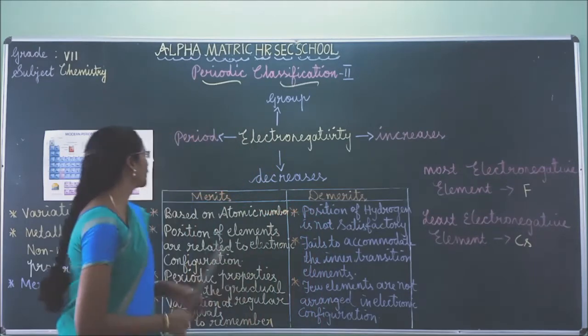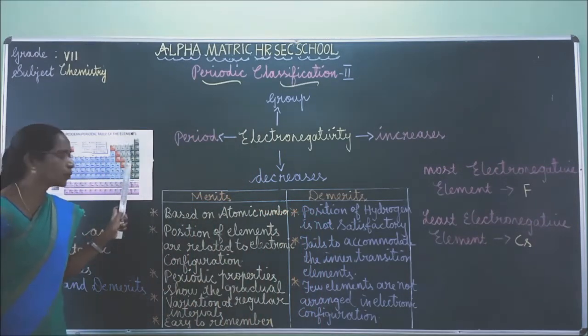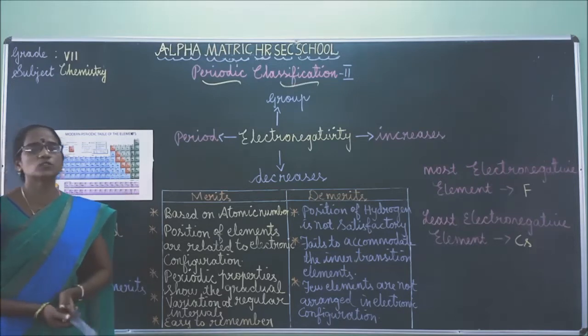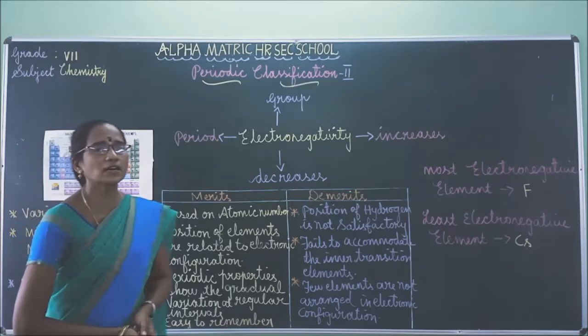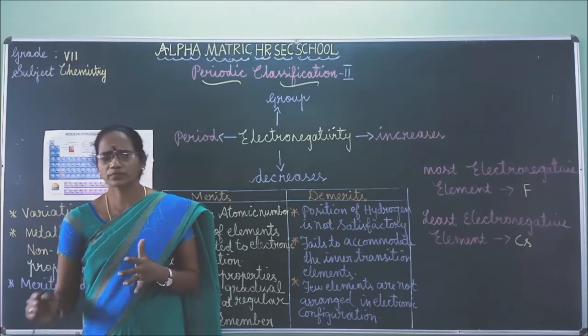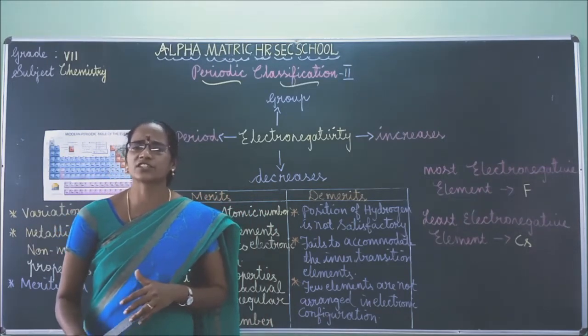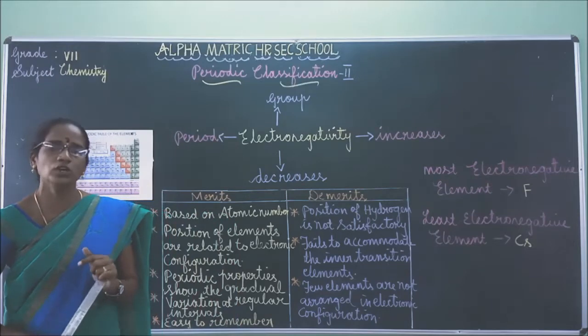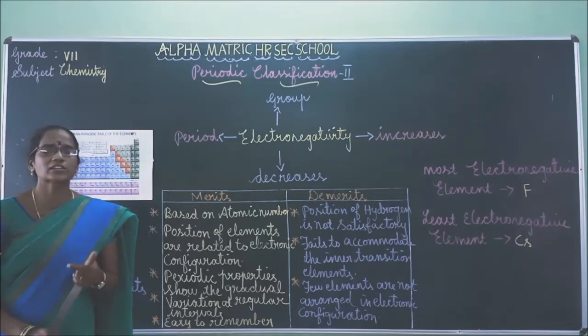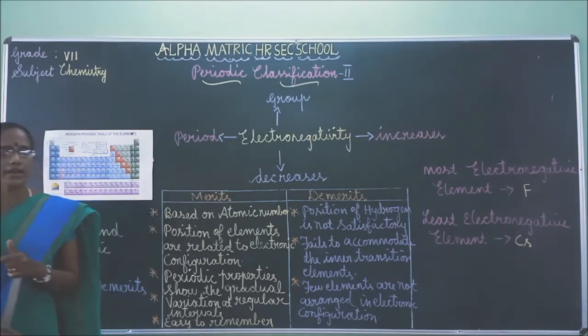For example, fluorine, chlorine, bromine, iodine, these are some of the atoms which tend to gain electrons to form anion. This is the electronegative character, right?